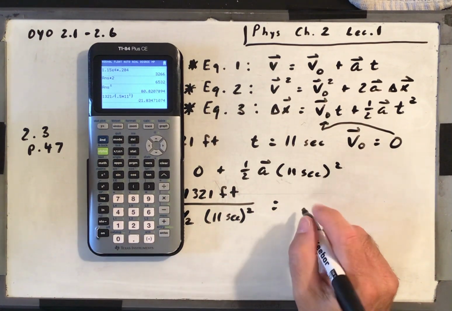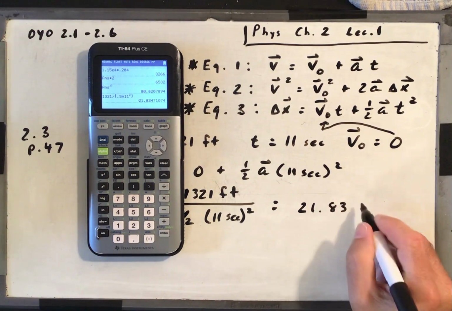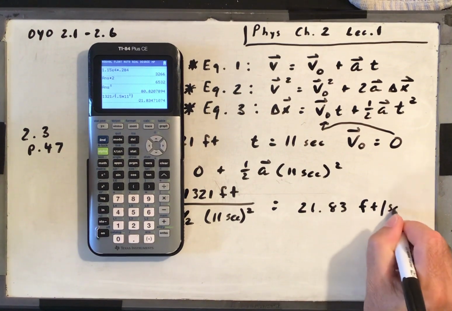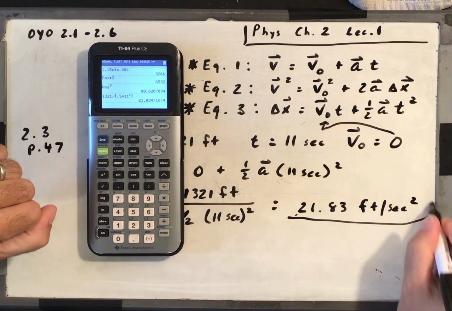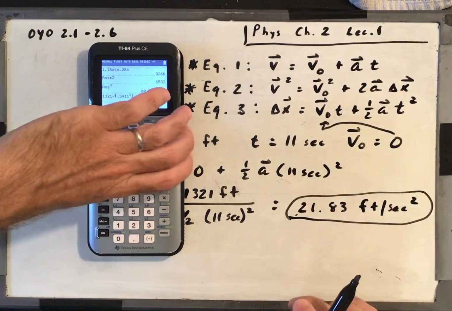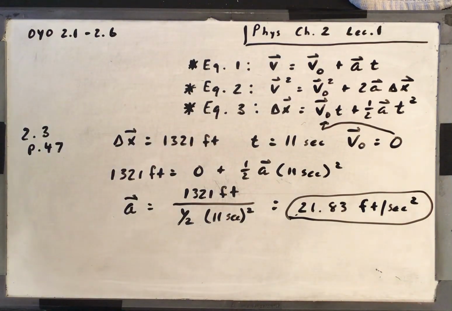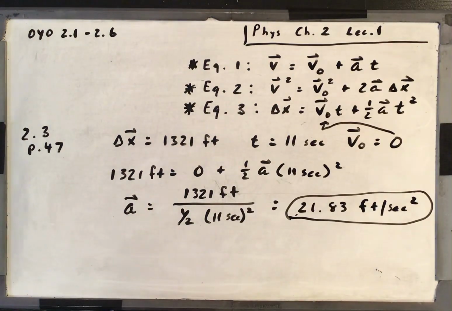And that is 21.83 feet per second squared. All right. So that is a single example using all three equations, or one example per equation.